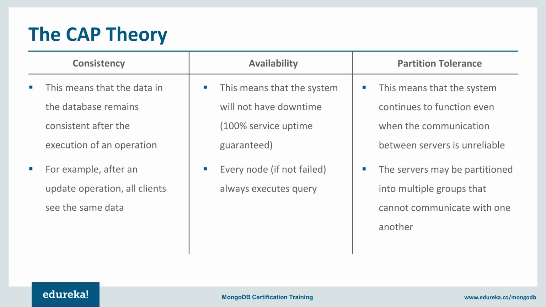In case of availability, we ensure that the data being sent across and spread across multiple nodes in the cluster is always available. For example, let's say that we have 3 different nodes and one of the nodes goes down or is shut down.